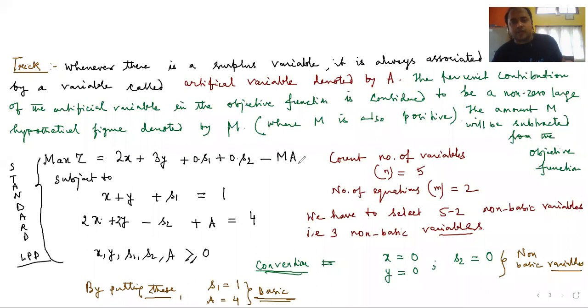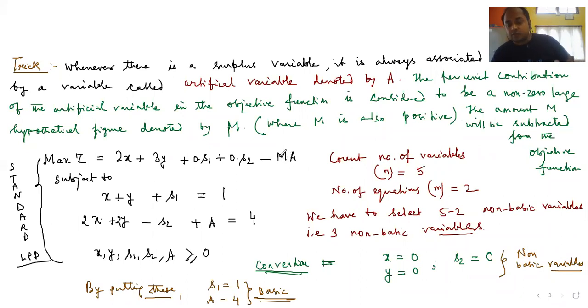The artificial variable is also helping me to solve the system. The artificial variable also doesn't have any practical significance, and it is also non-negative, but its per unit contribution has not been taken to be 0. Its per unit contribution is rather taken to be a large number, capital M.